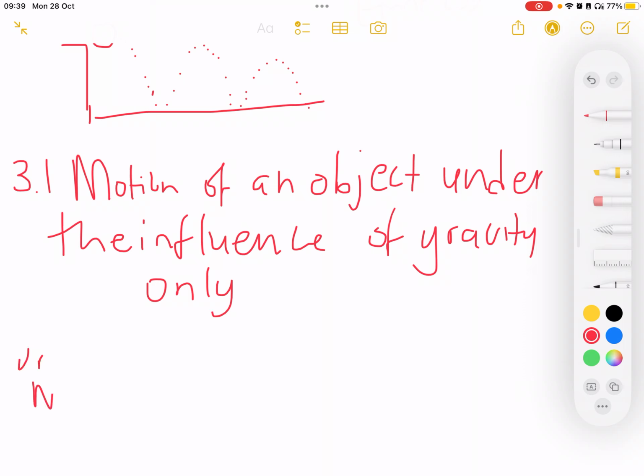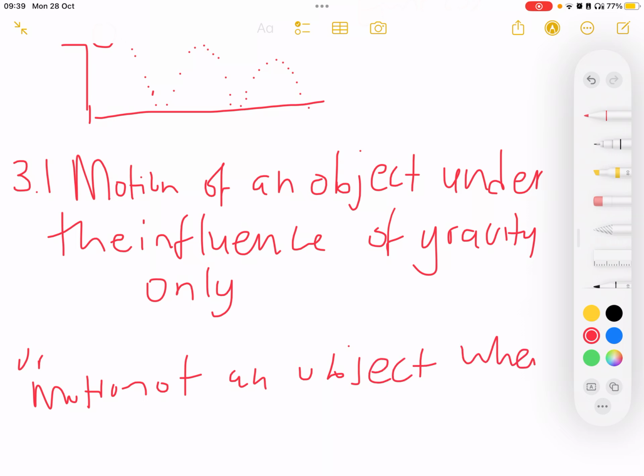Or you can say this is motion of an object where the only force acting is gravity.